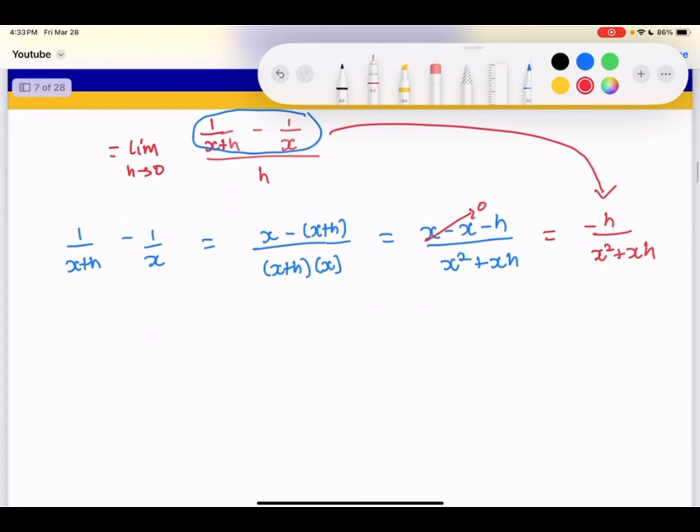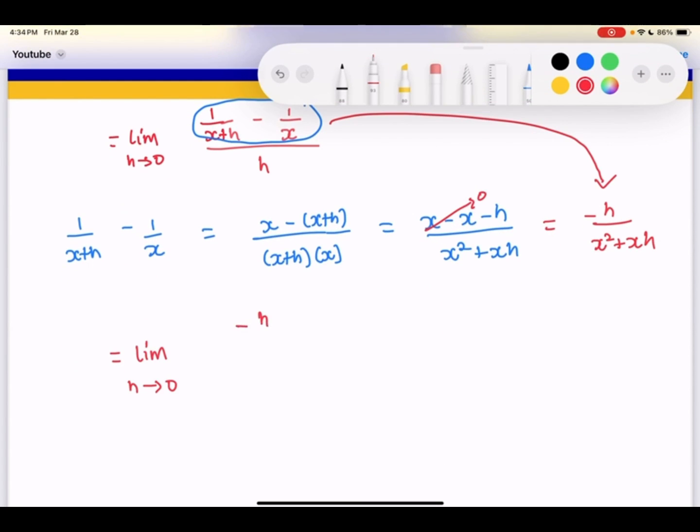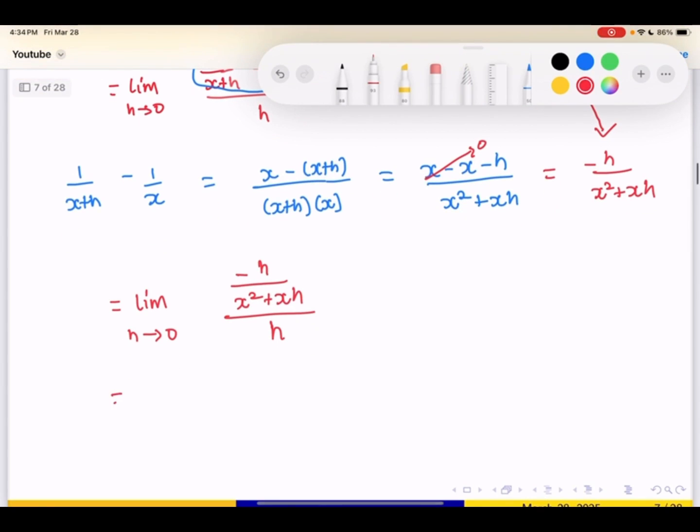So we are going to have minus h divided by x squared plus xh, then all divided by h, and this is equal to the limit as h goes to 0 of minus h on x squared plus xh multiplying 1 over h.